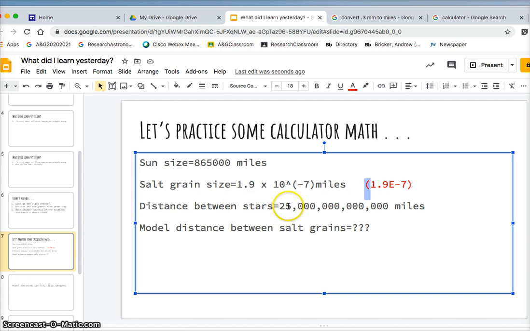The distance between the stars, 25 trillion, is going to look like 2.5, and that's times 10 to the 13. So 2.5 E13. That's the same as this huge number right here. So this is what it's going to look like in the actual calculator. Let's go to the next slide.